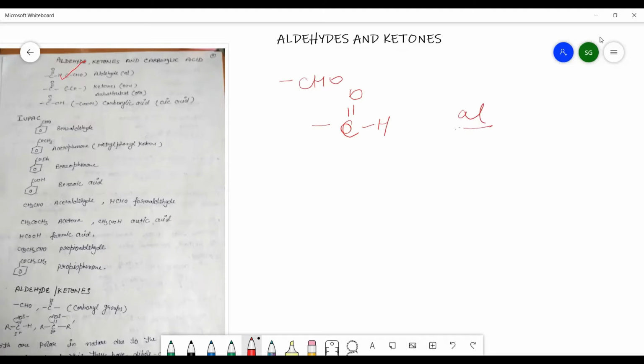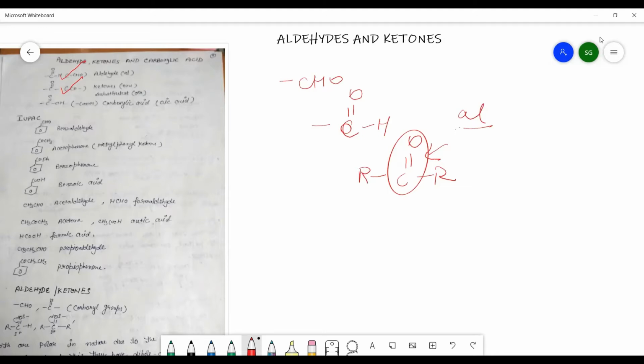In ketones, the functional group is in this manner, in which two R groups surround this carbonyl carbon. This carbon is the carbonyl carbon in the case of aldehydes and ketones.